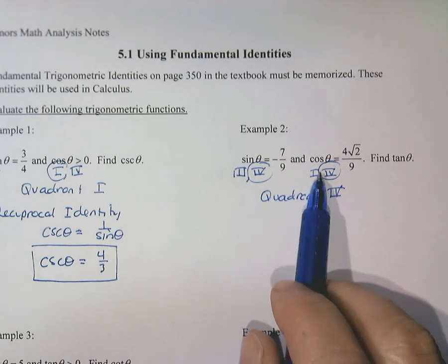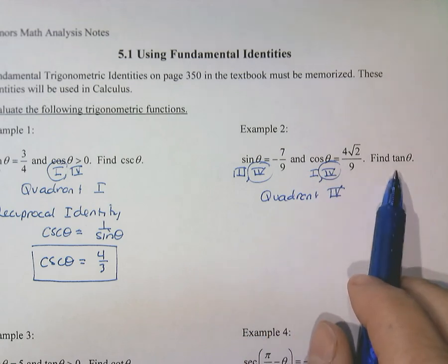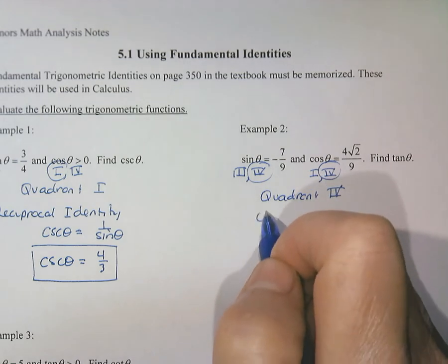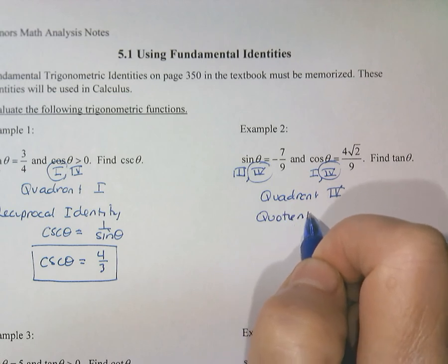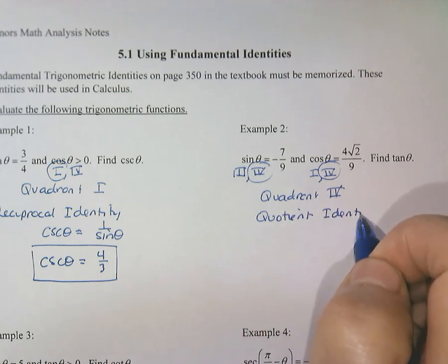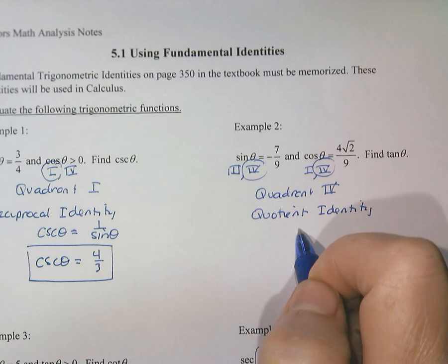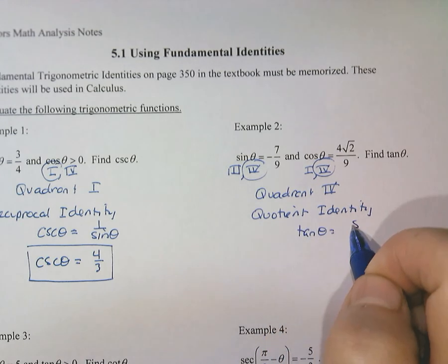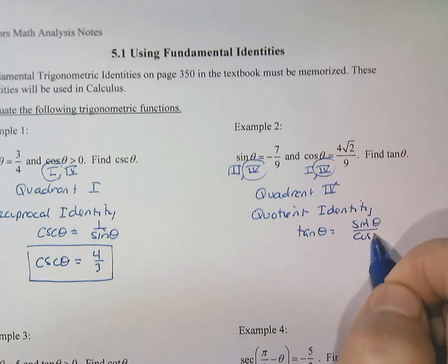So I'm given sine and cosine, and I want to find the tangent. Well, the quotient identity tells me tangent theta is equal to sine theta divided by cosine theta.